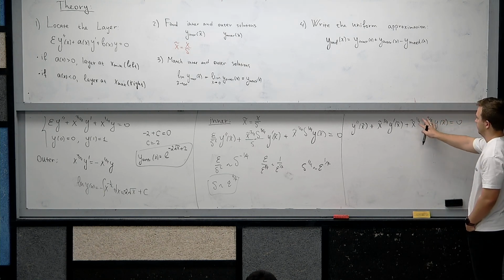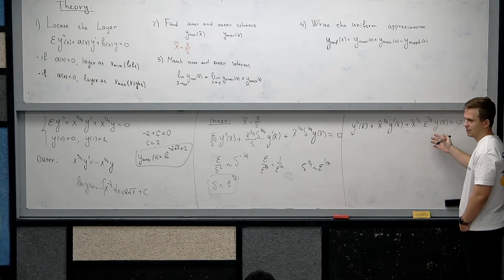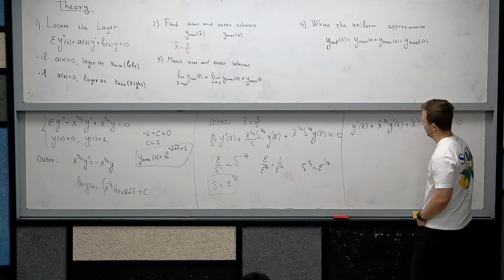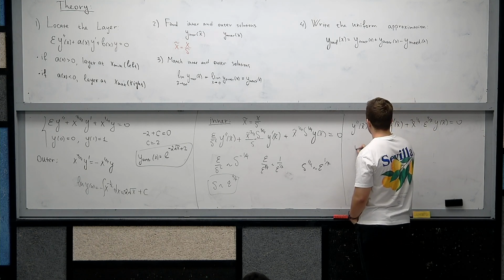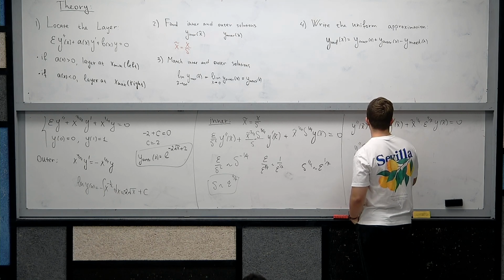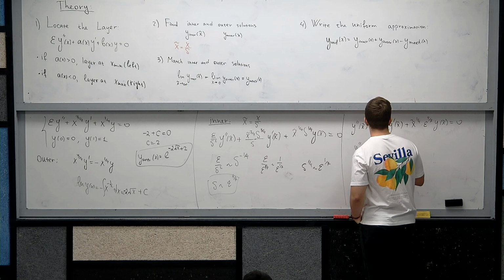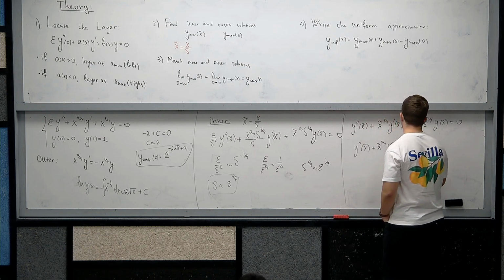Actually, we don't need to write this last term because that's only for the next order correction. So y double prime of x tilde plus x tilde to the 3/4 y prime of x tilde equals 0.